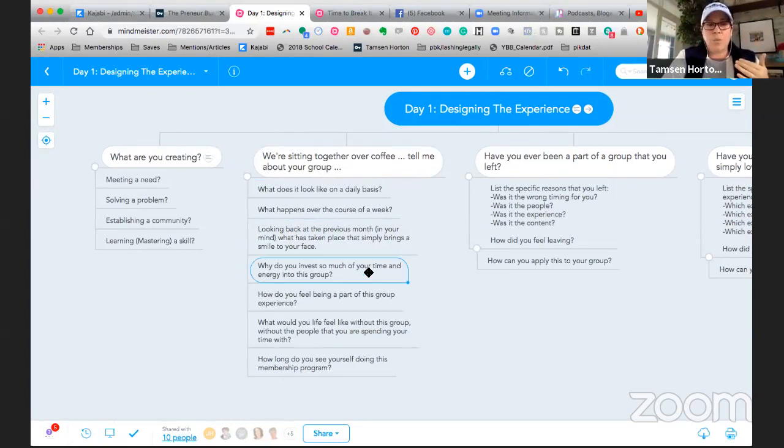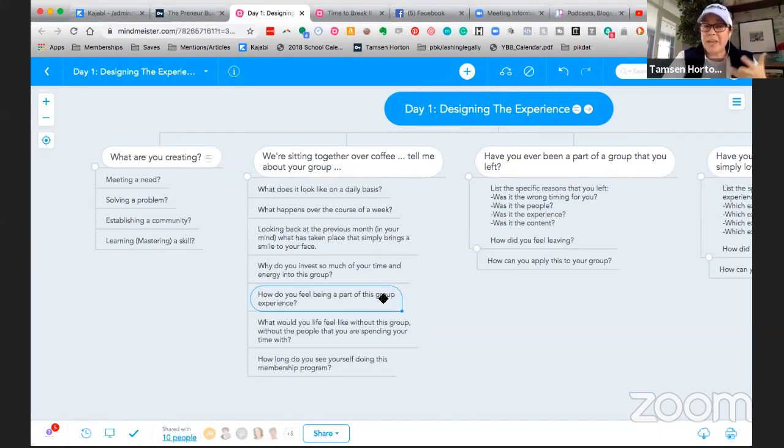Here's a big one. Why do you invest so much of your time and energy into the group? Whoever's the host has got to love some aspect of it. It's got to bring you joy, fulfillment, intellectually, like something, because it really becomes your community. It really and truly does.